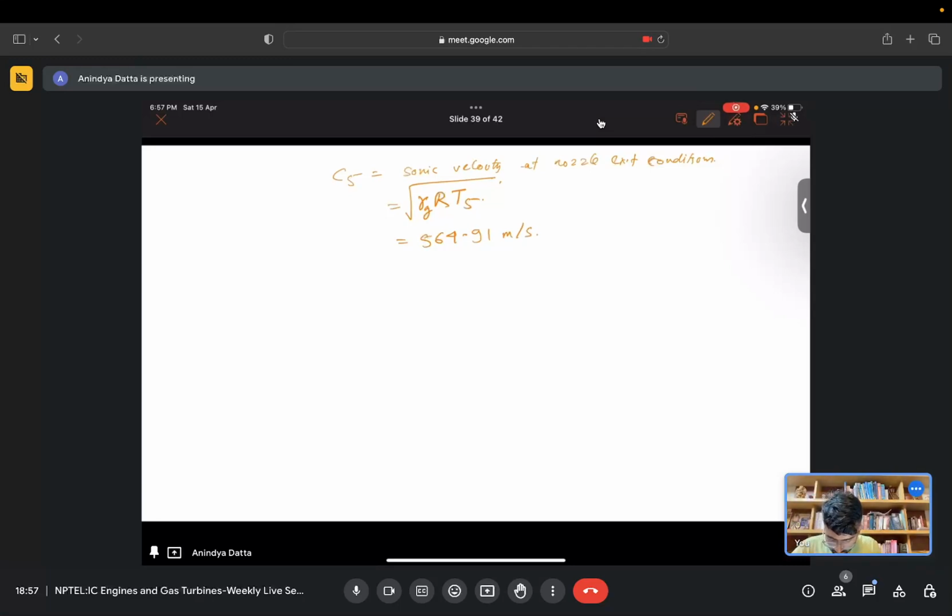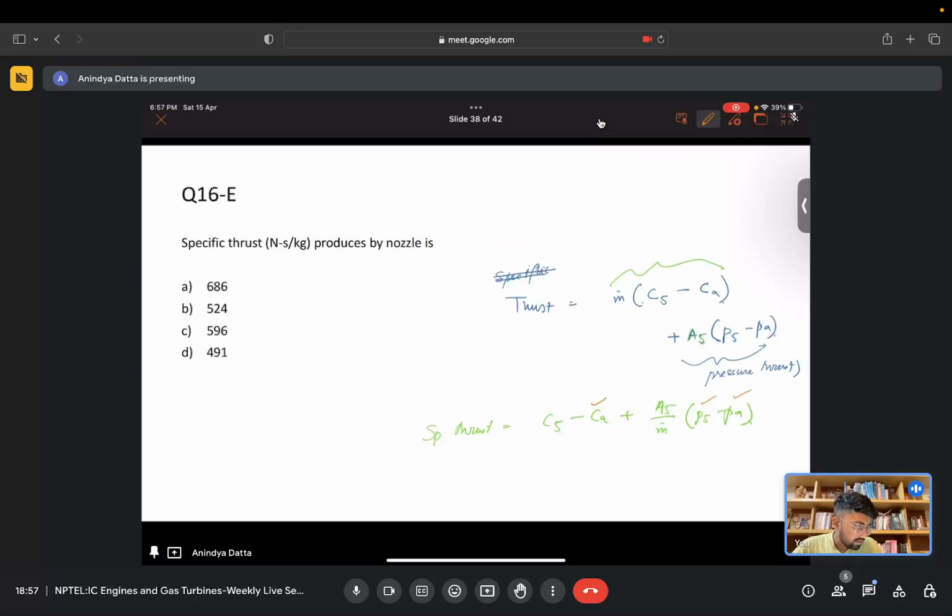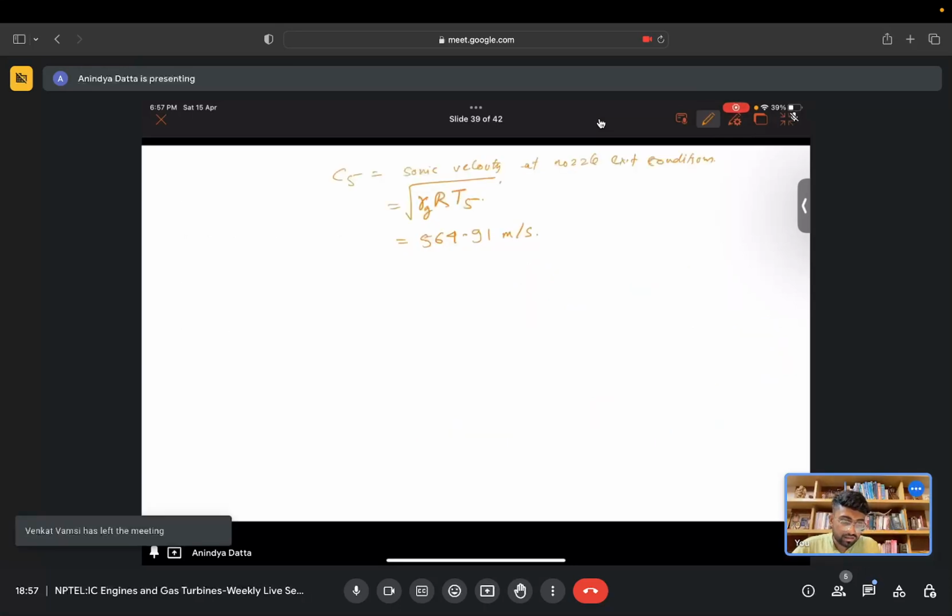Okay, so P5 we have computed. Now what we need to find out is A5 by m dot. So let's see what is the expression for m dot. m dot is the mass flow rate, that should be equal to the density at nozzle exit times the area at nozzle exit times the C5.